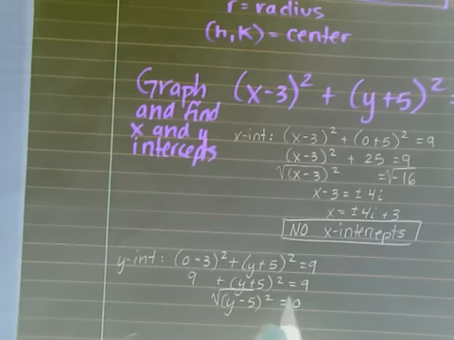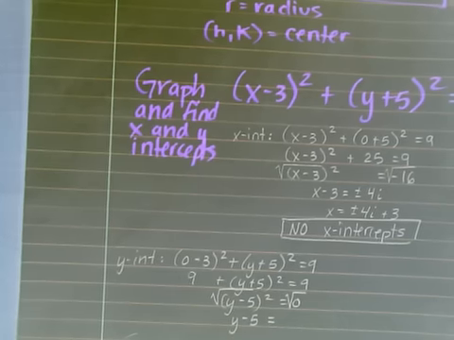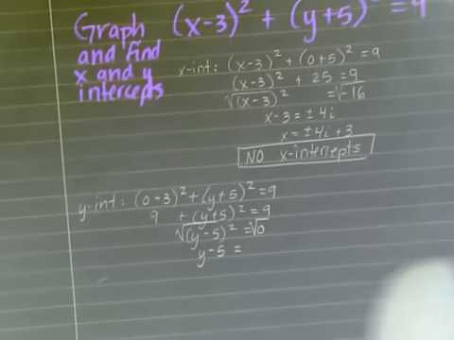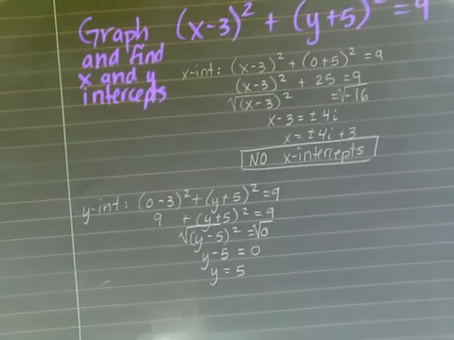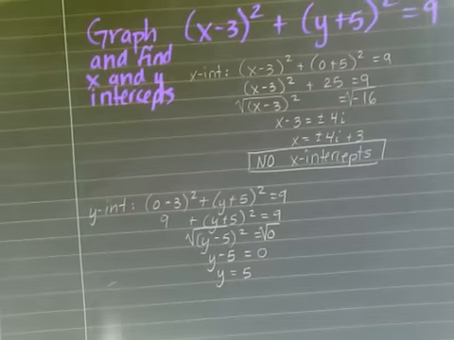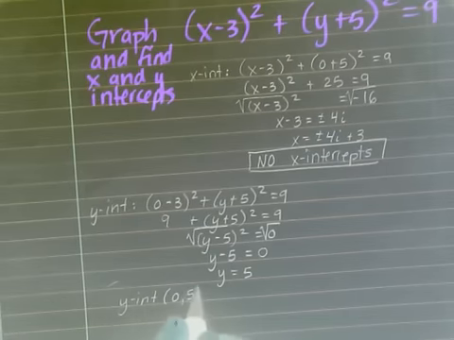If I take the square root, now there's no sense in putting plus or minus 0 because there really is only one 0, okay? So in this case we can just put 0, add 5 to both sides. So here I got a real value out, so therefore I'm going to clarify that my y-intercept is the point (0, 5).